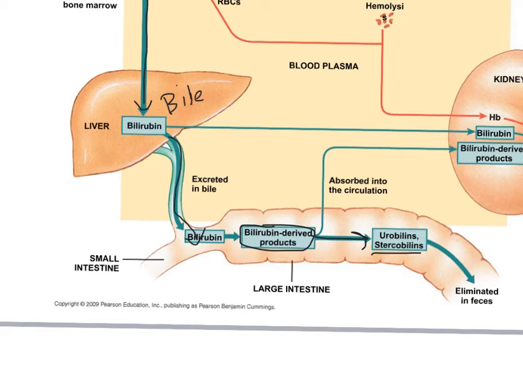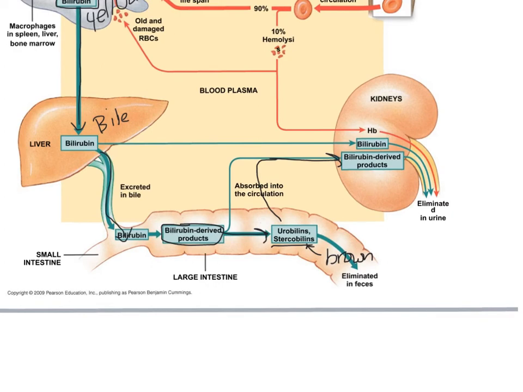Now, stercobilins, that's what's going to make the feces have a brown color. The urobilins are going to be absorbed back into the bloodstream, and they're going to go to the kidney, and then once in the kidney, that's what's going to make the urine yellow.